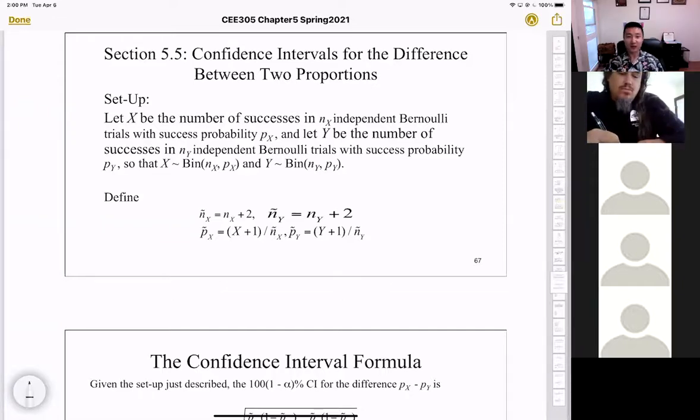Okay, we'll continue with chapter 5. Today we try to finish chapter 5. Again, chapter 5 is all about confidence intervals.